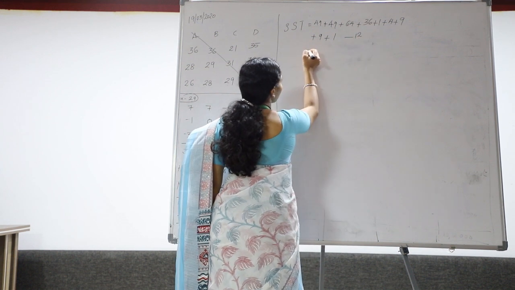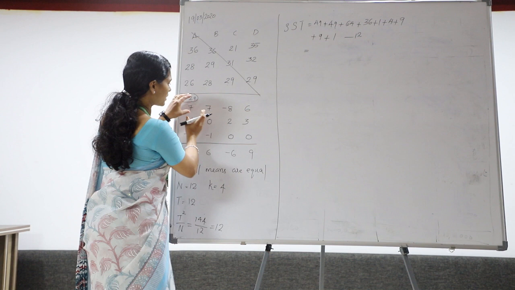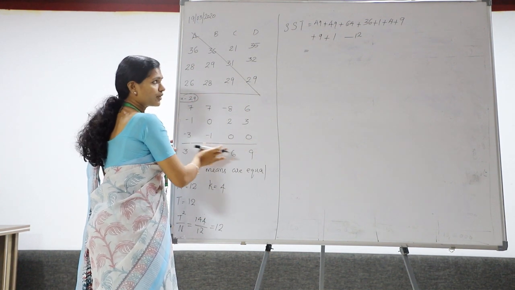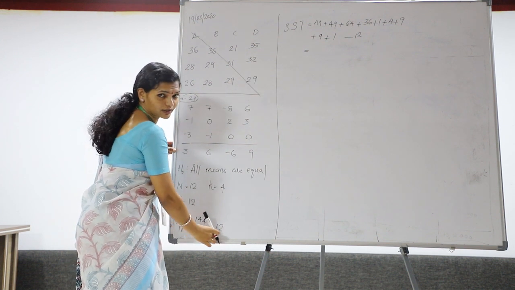T square by n we have already calculated; T square by n is 12. So now we can add it. I didn't do anything much more. As you see, I just have taken the squares of all the numbers. Simply take the square of each of the numbers, then find the sum of it, and that minus T square by n. This is our formula.